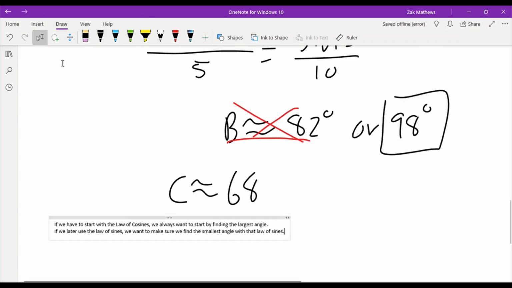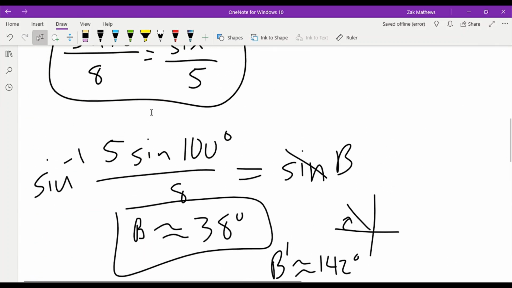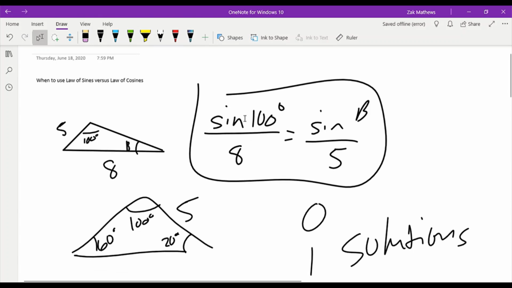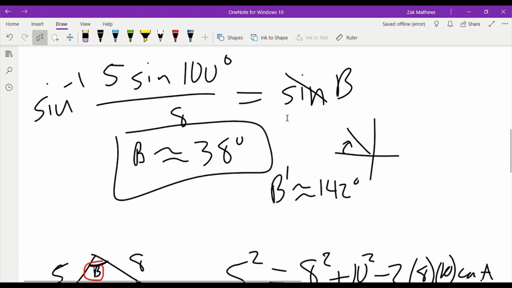So if we start a problem with the law of sines like we did up here, two possibilities is always on the table until we can guarantee ourselves that there is only that one. If we have that angle greater than 90, we guarantee that we only have that one.